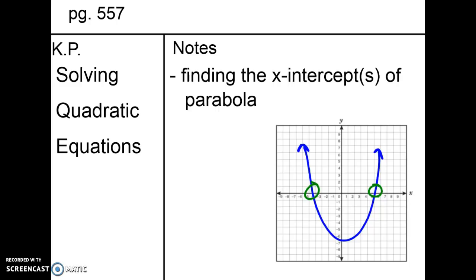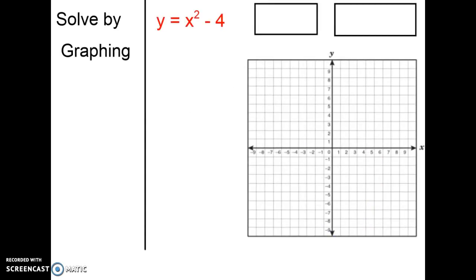Moving on to our next slide. The first way of doing this is to solve graphically. If we had x squared minus 4, I'll do that in red, we'd have a vertex right here and a parabola that looks like this.